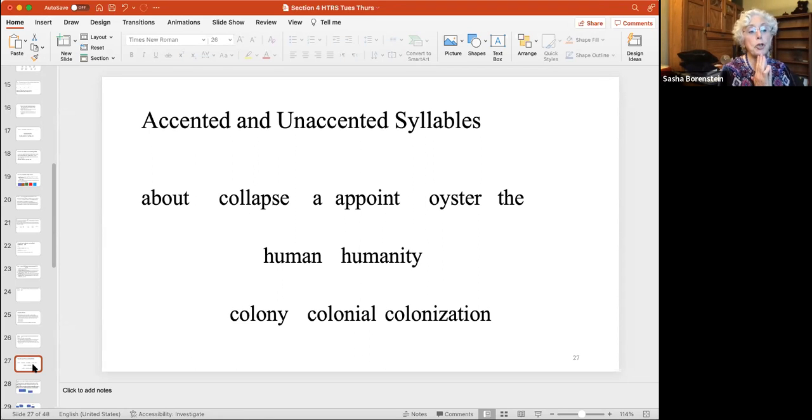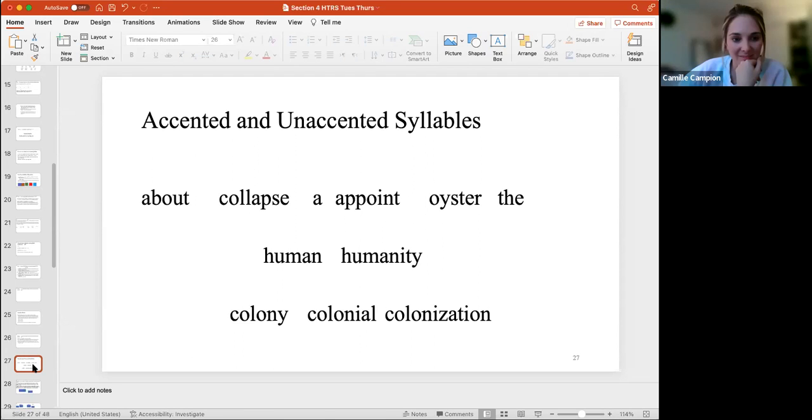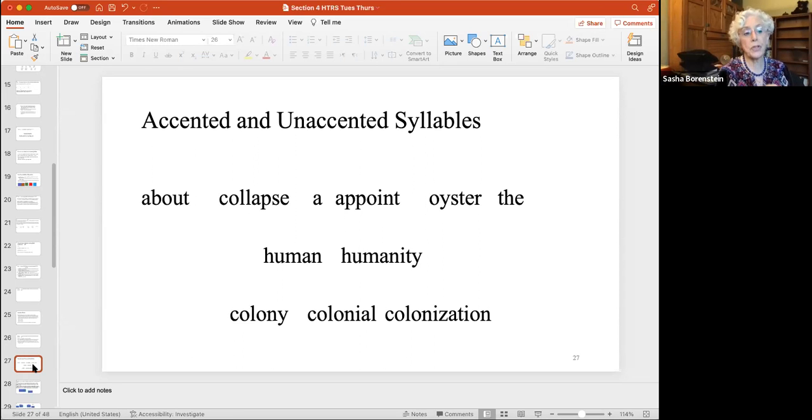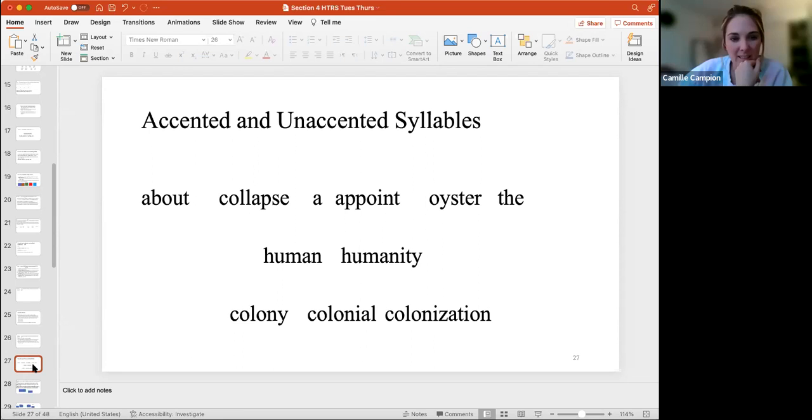How about in the word humanity? Is the second syllable still unaccented? No. It's shifted, hasn't it? Which of the syllables, the third or fourth syllable, is unaccented and the vowel sounds like a schwa? Humanity. I'd say the I is said really short.